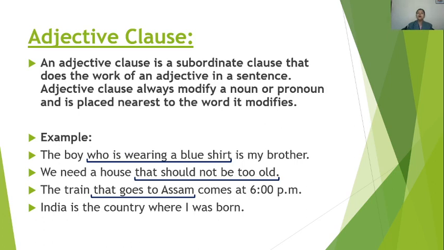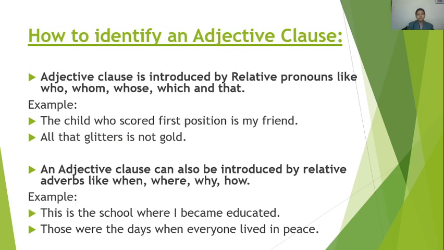That goes to Assam. So that goes to Assam is my adjective clause. Now look at the fourth sentence. India is the country where I was born. Here my adjective clause is where I was born, because where is referring to India, the country, the place, that is a noun. So where I was born is my adjective clause.